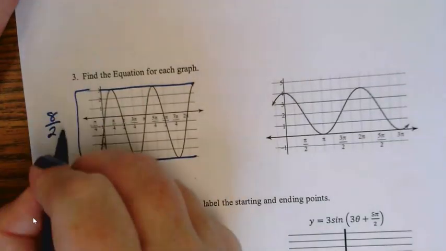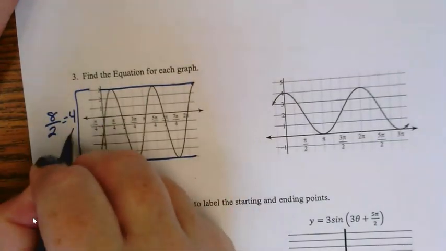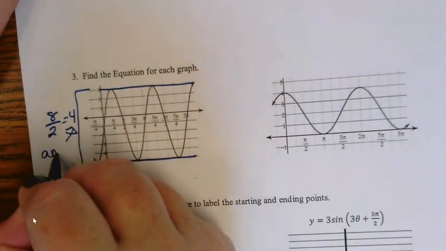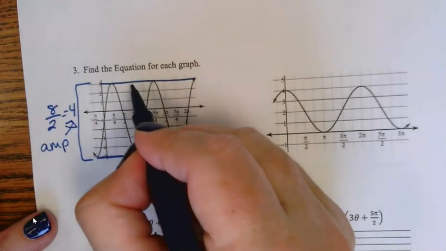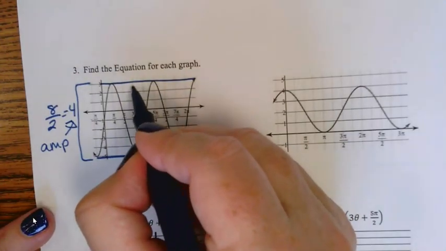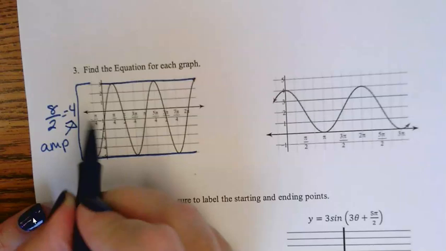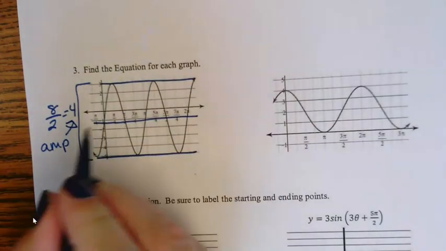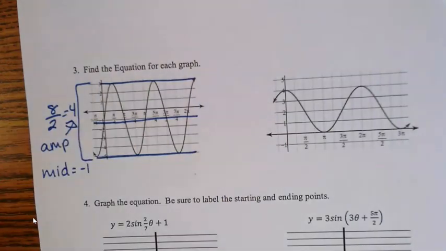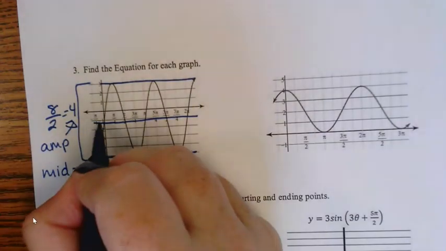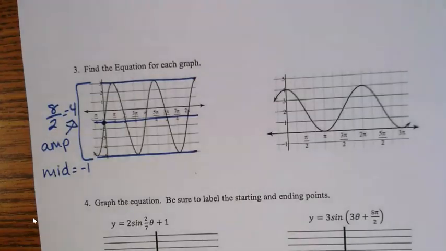We divide by 2 and get 4. There's my amplitude. So count down 4 from the top. 1, 2, 3, 4. So I know my midline is at negative 1. My graph starts here in the middle.